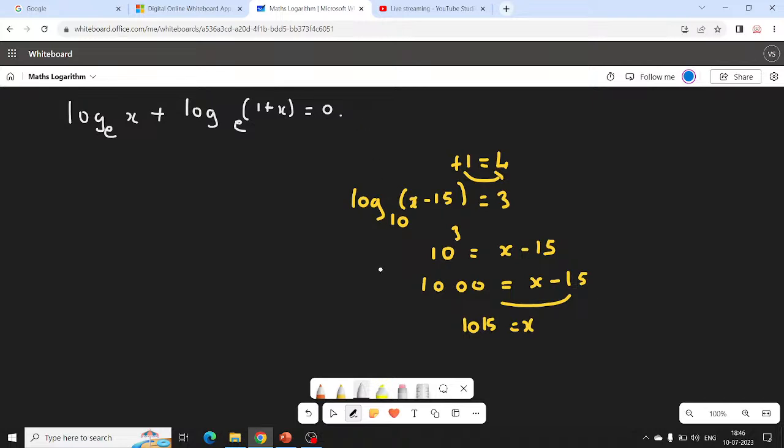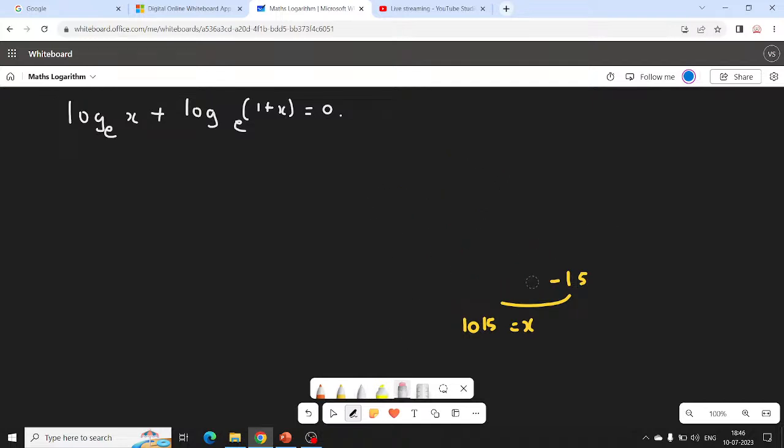You will get the answer in the form of equation. x square plus x is equal to 1 is correct.